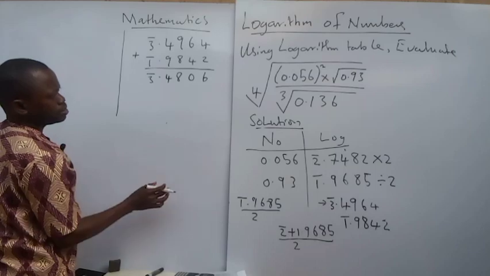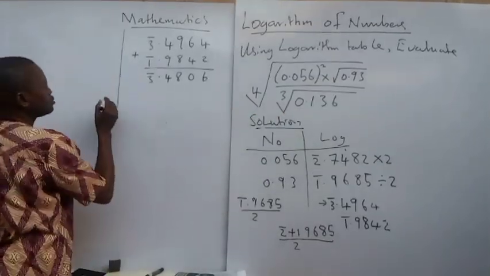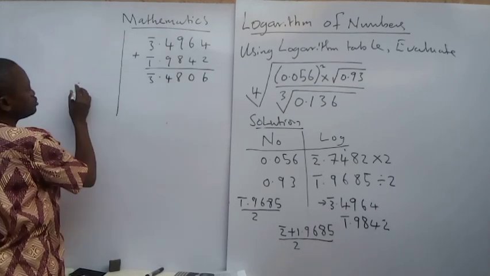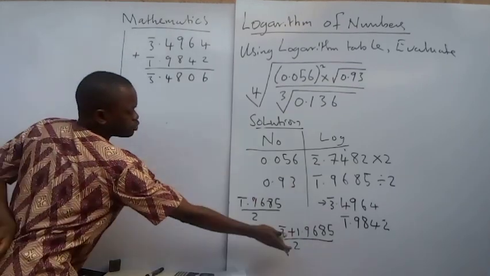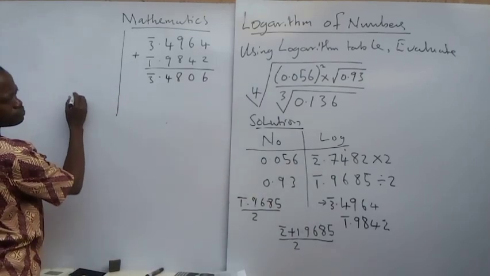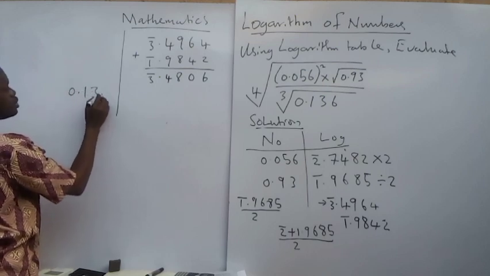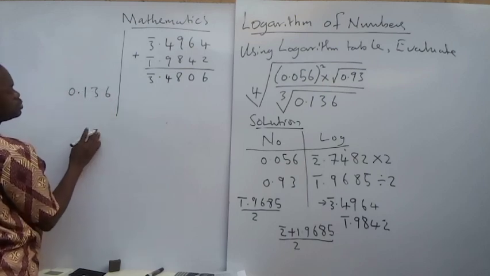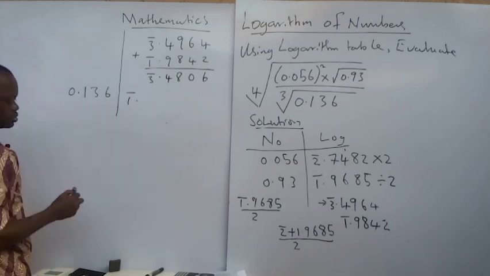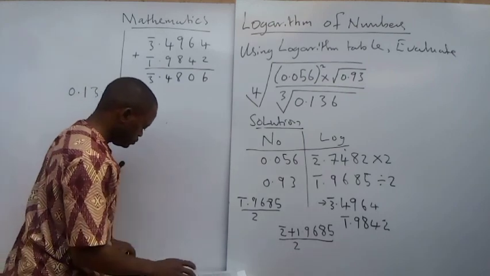We keep this. We are done with that numerator, and then we come down to this now, and then we now write still the number log. Okay, I'm just continuing this. So I will write, what's the figure there? 0.136. The characteristic is bar 1.13 under 6.